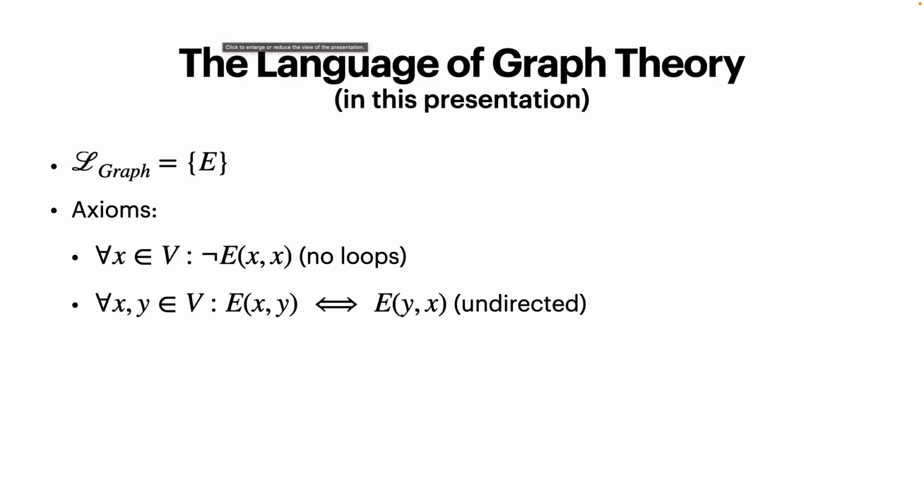We assume that there are no loops in random graphs, meaning that there cannot be an edge that connects a vertex to itself. So for all x, there cannot be E(x,x). We also assume that the edges do not have directions. So for an edge that connects vertices x and y, we can also say that it connects y and x, so it is undirected.